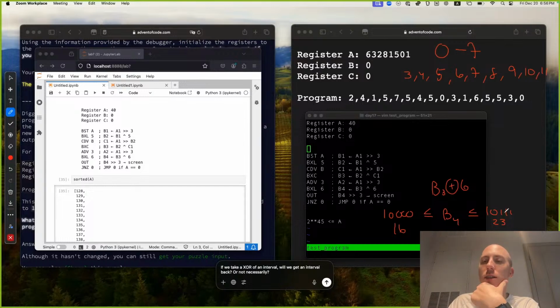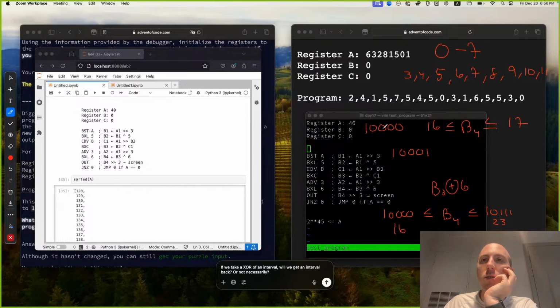The interesting thing about that is it's spanning 6, which is only 3 bits. So this thing is going to be an interval, versus let's say B4 was only greater than or equal to 16 and 17. Then 16 is 1 0 0 0 0, and 17 is 1 0 0 0 1.